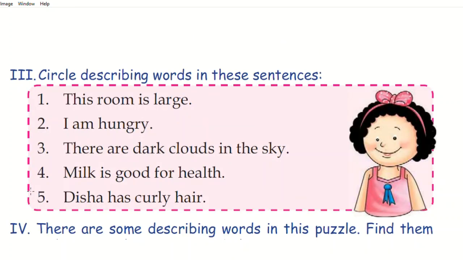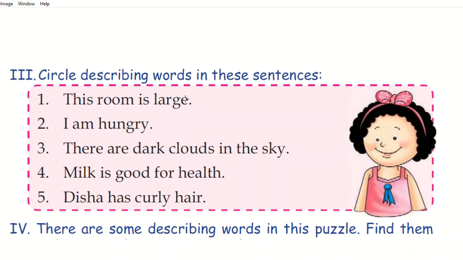Exercise 3. Circle describing words in these sentences. Children, here we have given 5 sentences and we need to circle the describing word in each sentence. So let's start reading with sentence number 1. This room is large.